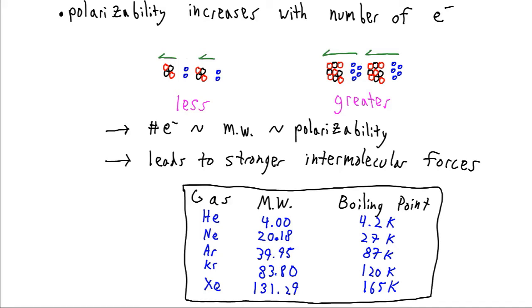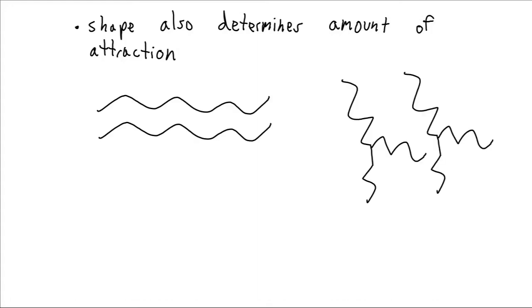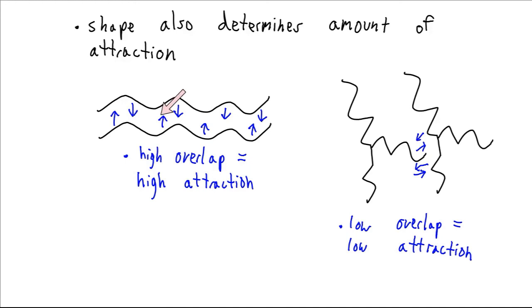to form the gas. The shape of these molecules is also important in determining the total amount of London dispersion force they experience in their interactions. So if we have linear molecules, then these will tend to have a significant overlap, significant number of places where the polarization occurs of the electrons in the atomic nuclei.